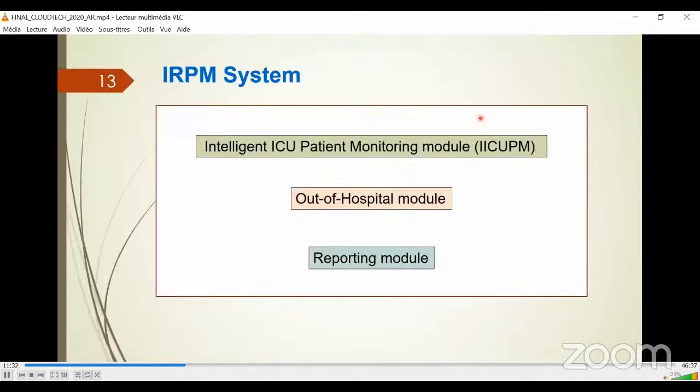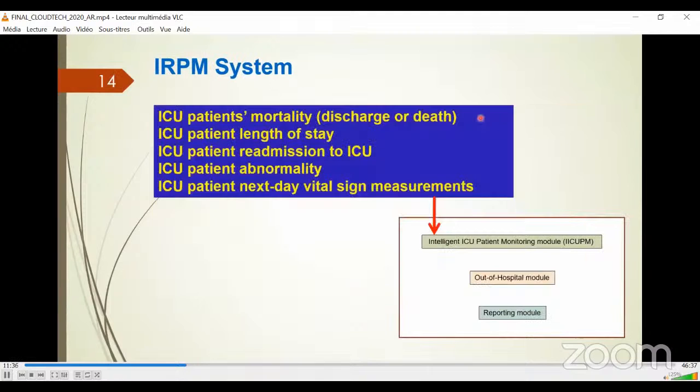So the first one is the ICU-PM. This module provides a number of predictive mechanisms that ICU specialists can use to, for example, predict patient mortality, whether the patient is likely to be discharged or is likely to die while at the ICU.